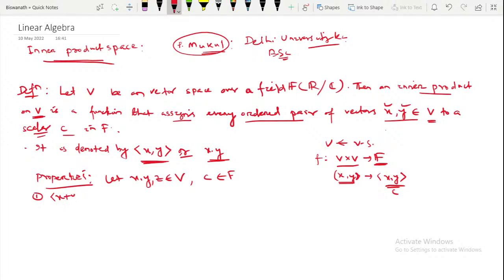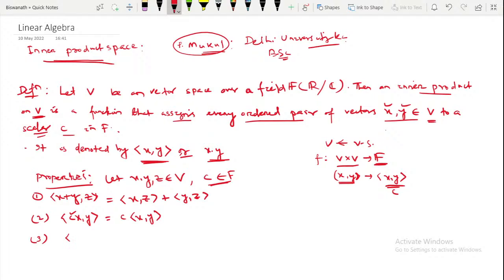Then the inner product of x plus y comma z is equal to the inner product of x comma z plus the inner product of y comma z, like a distributive property. In the second one, the inner product of c x comma y, where c is from field F, which is a scalar, so we can take c outside of this bracket. So I can write this is c times the inner product of x comma y.